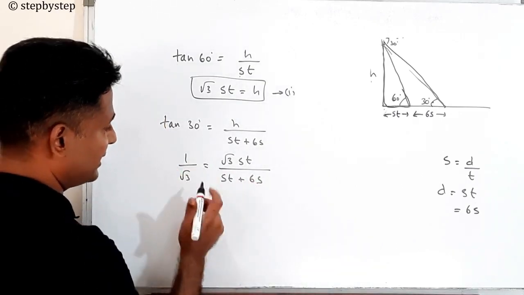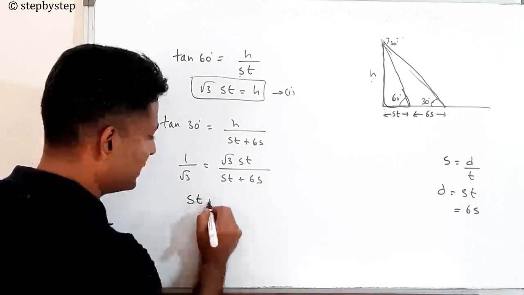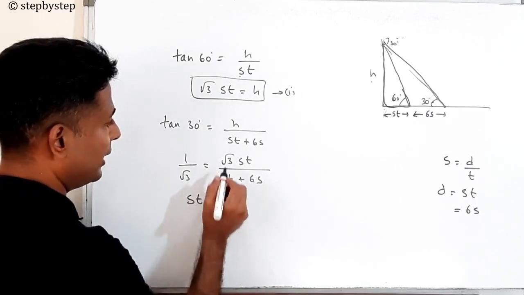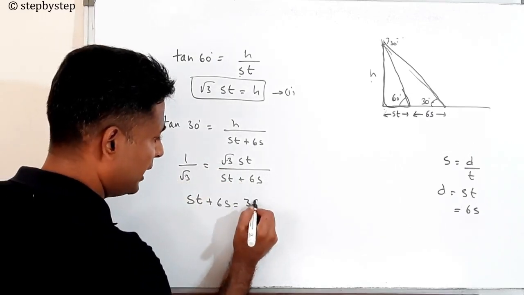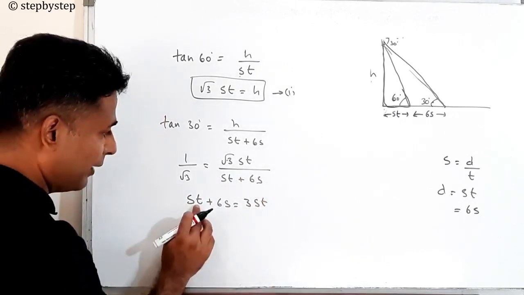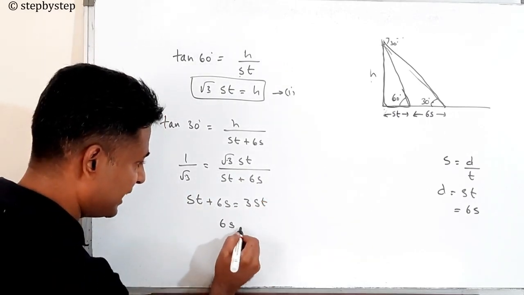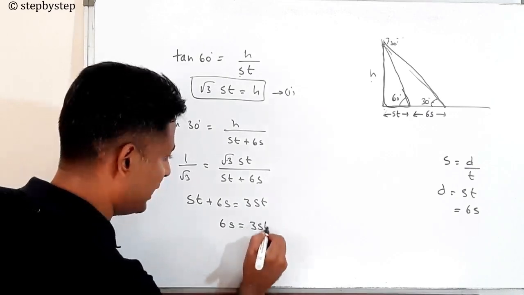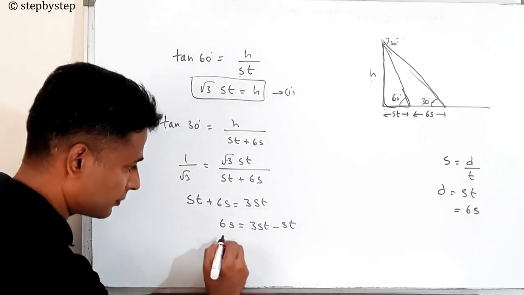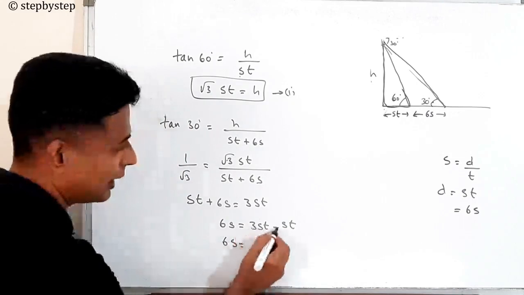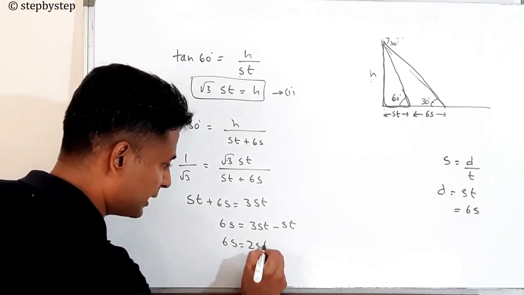Transposing st plus 6s, one is st plus 6s itself, and root 3 into root 3 is 3st. Now st I'll take on that side. I'll get 6s equal to 3st minus st. So 6s equal to 3 minus 1, 2st.